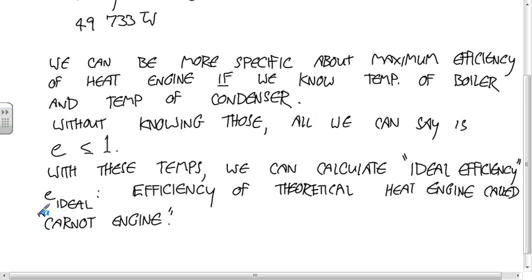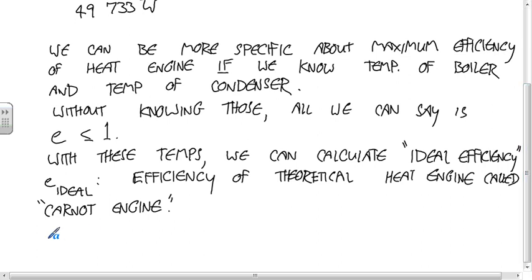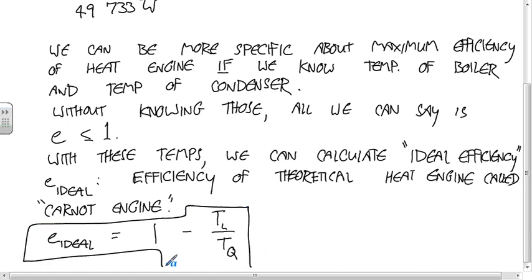Carnot is just the name of another guy. And this e ideal is equal to 1 minus TL over TH, TH, sorry.